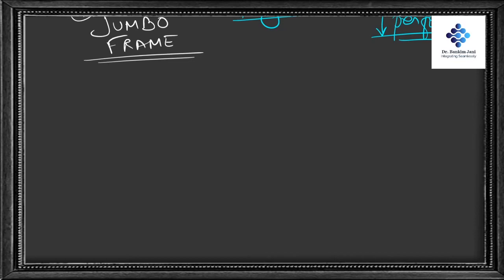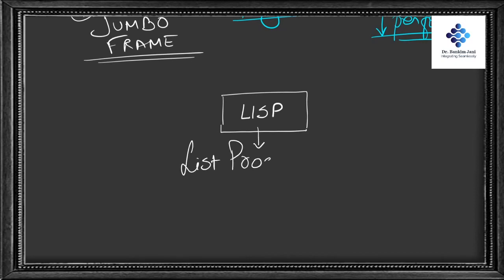We'll be discussing as we proceed that Lisp is used at so many places, but because it is an important topic, I'm just taking it beforehand so that there is no confusion as we use this word repeatedly at so many places. So Lisp is list processing.